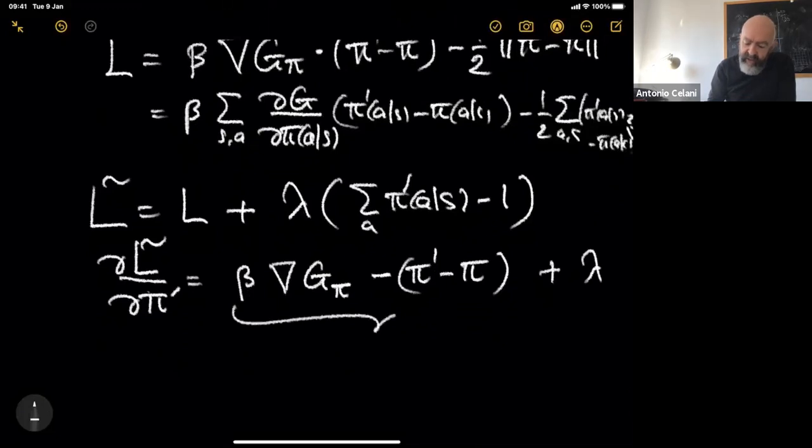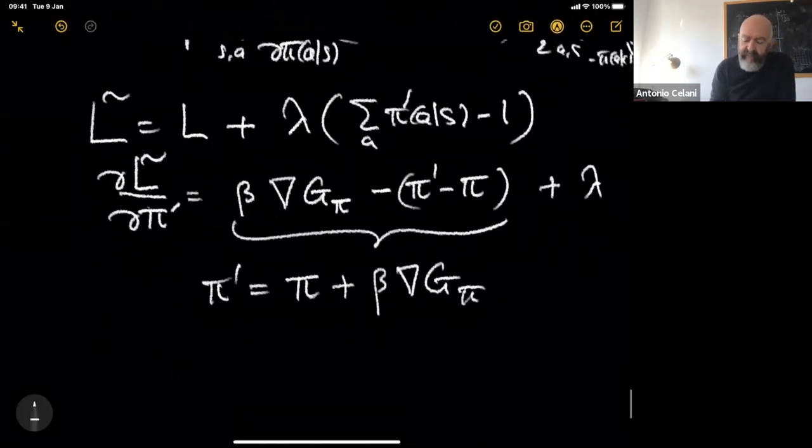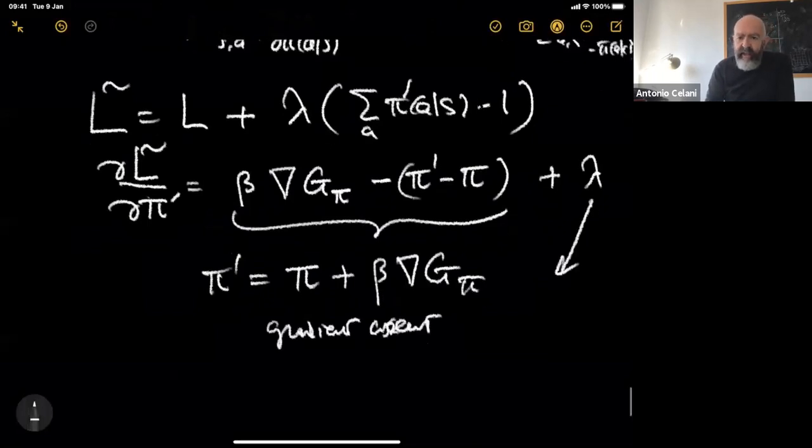Now you realize this gives me pi prime equals pi plus beta grad g pi. So this is the gradient ascent step. And what this object does is enforce normalization, so this is the projection. I'm not going through the details.